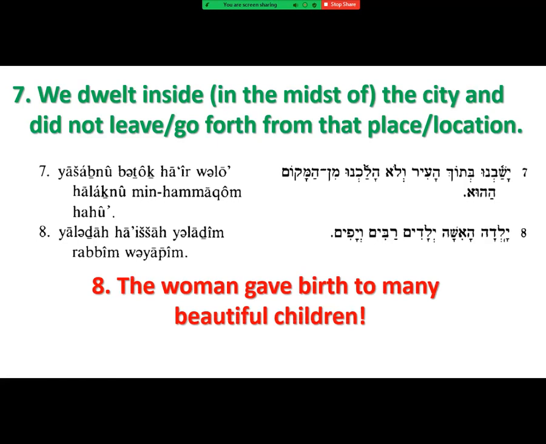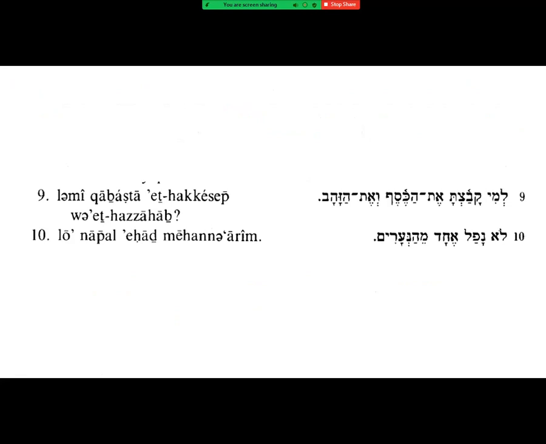That's a nice thing. Okay, number 9, we're looking at Lami. Mi is who, and this is to. So to who or to whom, or for whom it could be. And we have Kavatsta, okay. That would be you gathered.